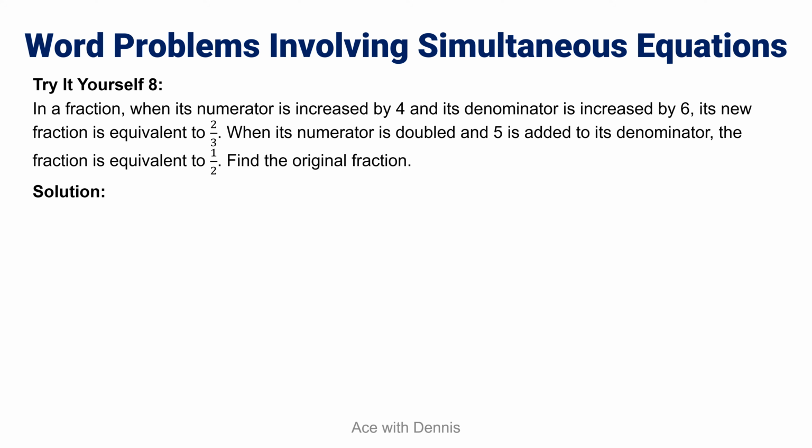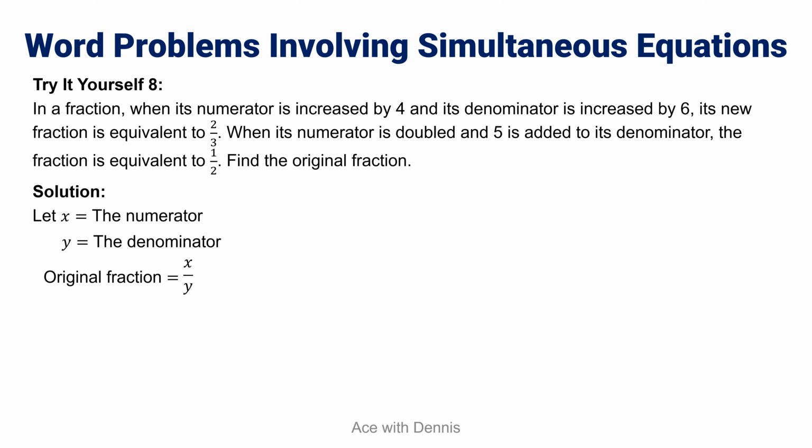Alright, here's the solution. So we let x be the numerator and y be the denominator. So the original fraction will be x over y. From the information given, the numerator is increased by 4 and the denominator is increased by 6. We can write x plus 4 over y plus 6.